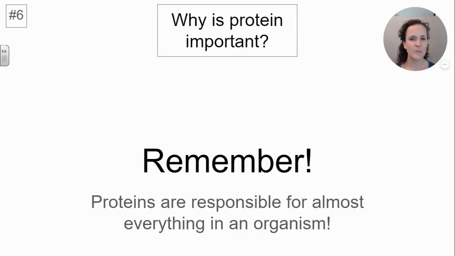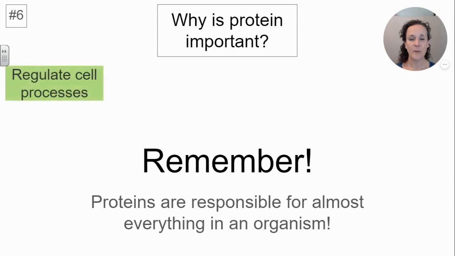So why is protein important? Remember back to the beginning of the year when you studied biomolecules like carbohydrates, lipids, proteins, and nucleic acids. Hopefully you remember that proteins are responsible for almost everything in an organism. They have so many functions.